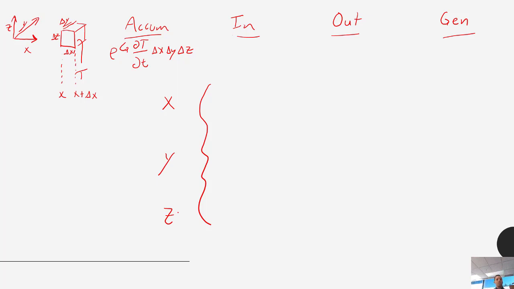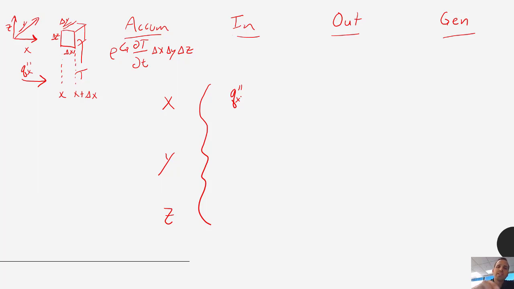Okay, so how is energy getting in to our cube? It's in the x direction. We have energy coming in as a flux. This would be the qx of our system. So energy is going to come in according to this conductive heat flux, q double prime x. To be consistent, I want to use rate of energy terms here. So we want each term to have units of watts.